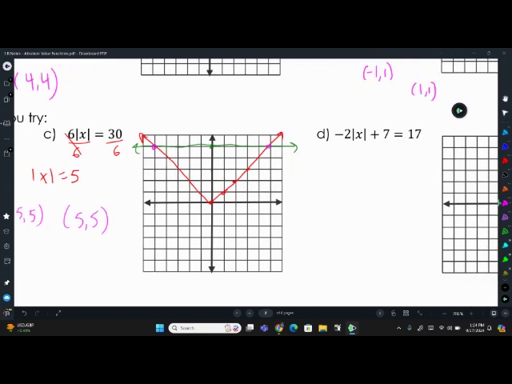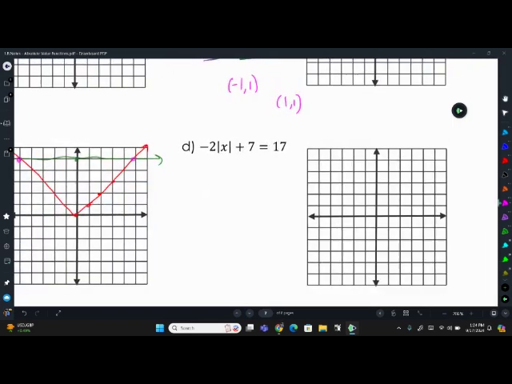Now, letter D is a little bit tricky. Let's look at that. Subtract 7 from both sides. So -2 times the absolute value of x equals 10. Then we divide both sides by -2. So now the absolute value of x equals -5.